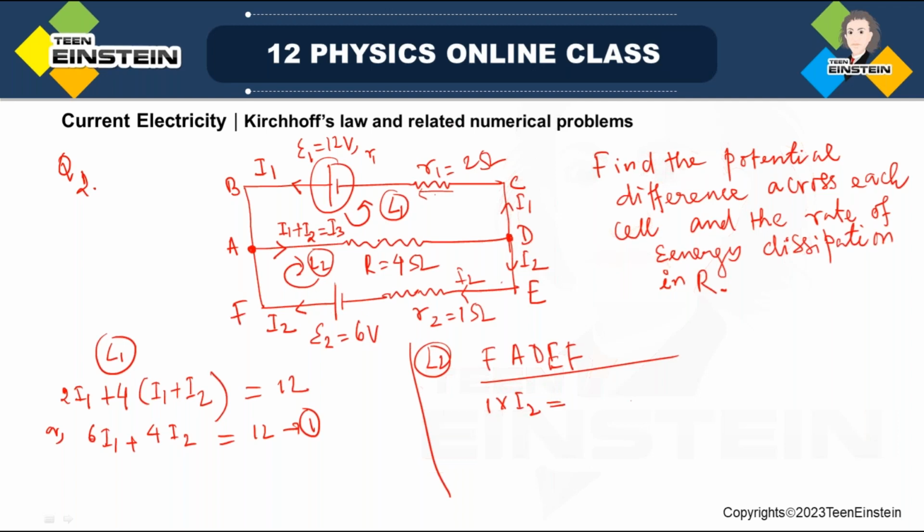Here again, across 4 the same voltage drop will be there, right? But in this case also this will be positive. So 4 into (I1 plus I2), and this will be equal to 6 volt.